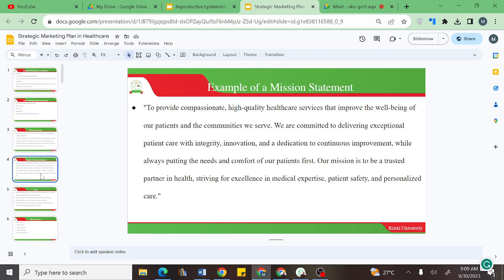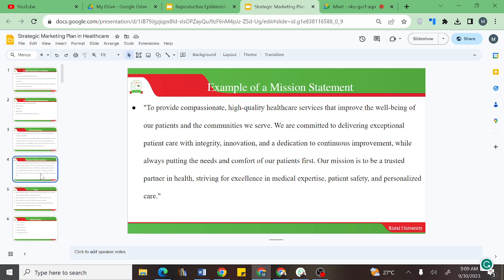Our mission is to be a trusted partner in health, striving for excellence in medical expertise, patient care, patient safety, and personalized care. So this is an example of a mission statement for a hospital.